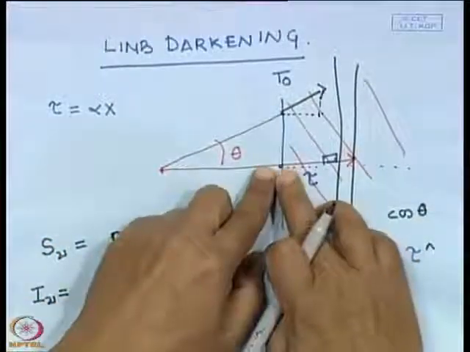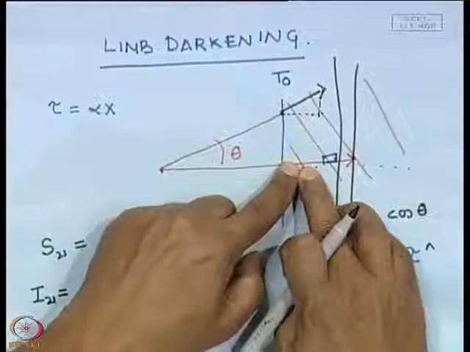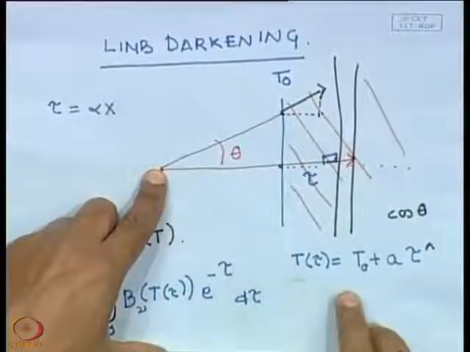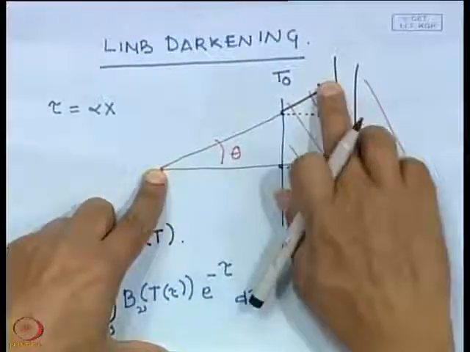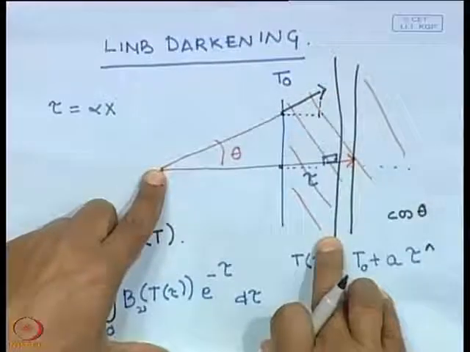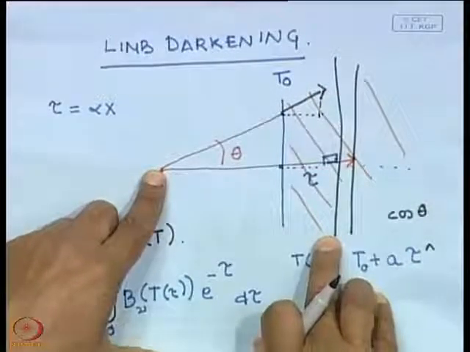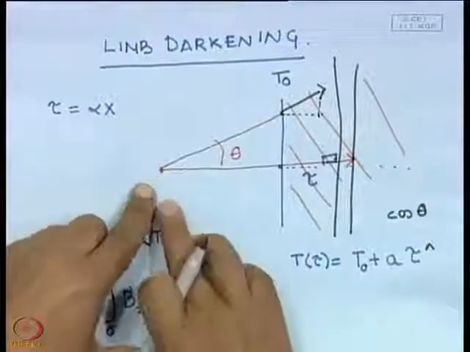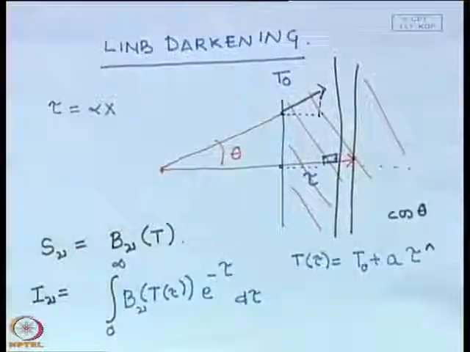As you go inside the medium, the optical depth increases, and the temperature of the radiation that you will see here is essentially the temperature at the place where the optical depth becomes unity. Okay. So when you observe the radiation from the sun, we are observing the radiation essentially from the part of the sun's atmosphere where the optical depth is of the order unity.